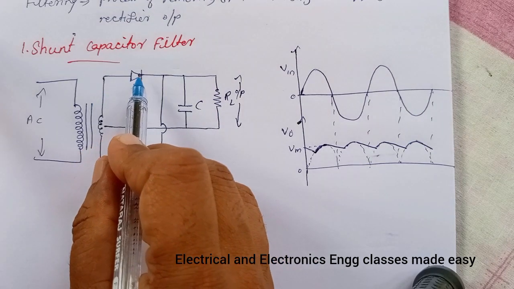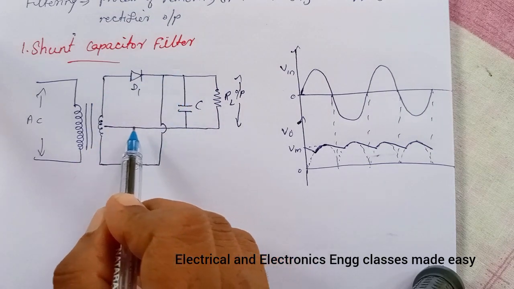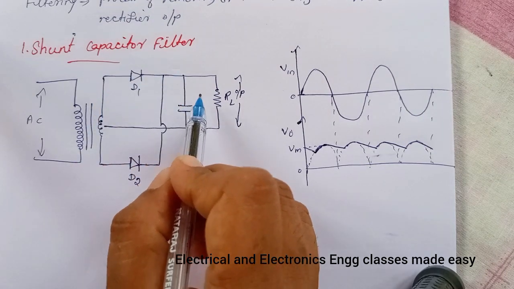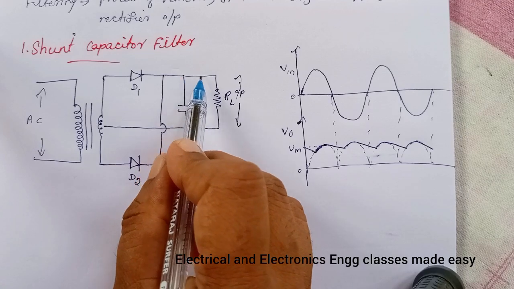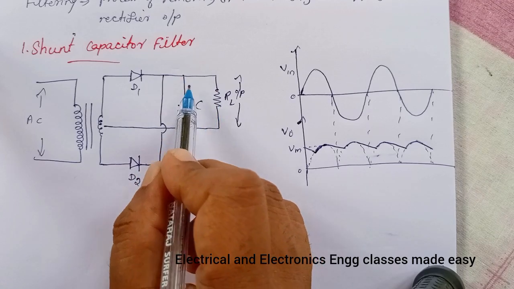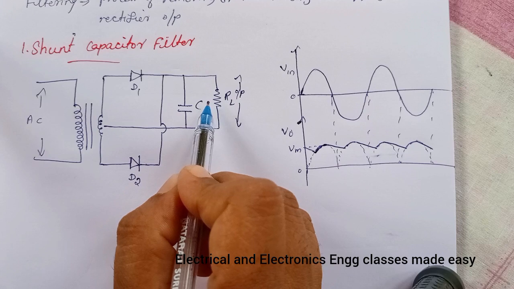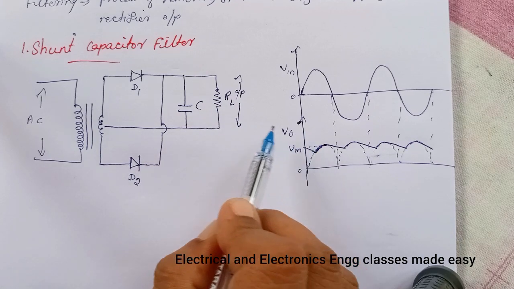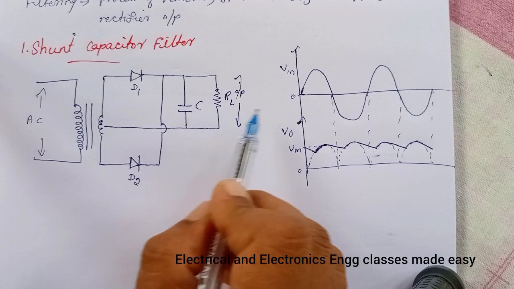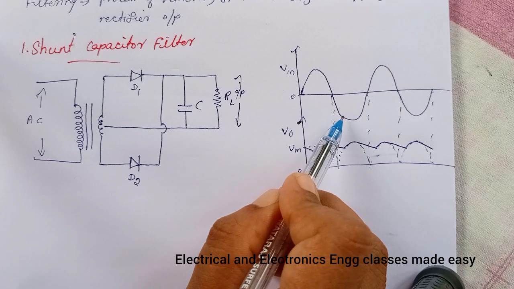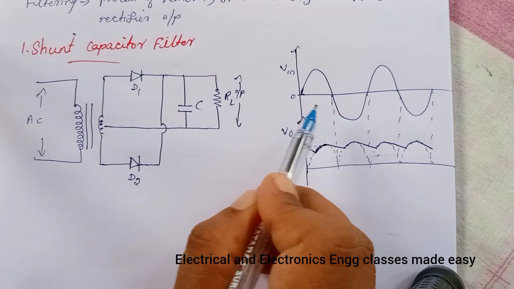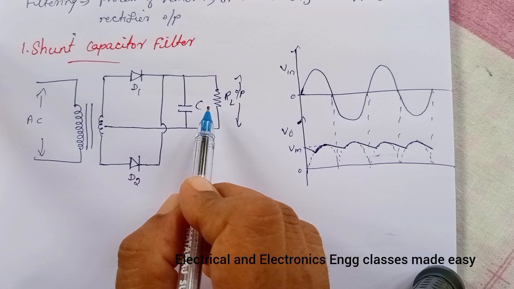So during the positive half cycle, the capacitor charges, and during the negative half cycle, it will be discharging through the load. Though the rectifier output voltage decreases, the capacitor voltage will not follow it.